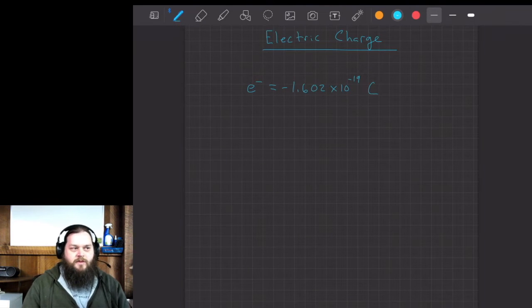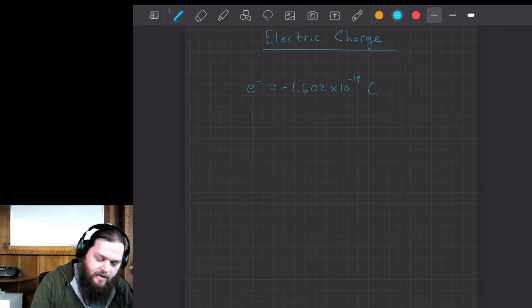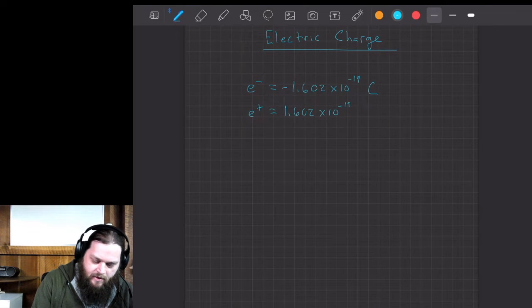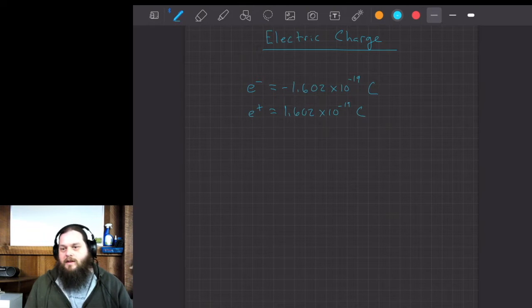Coulombs is really just the way we measure charge, and all charges in nature are basically quantized based on a certain number of electrons or positrons for that matter, because there's also a positron, which is just a positive electron. It has the same charge, 1.602 times 10 to the negative 19 coulombs, just positive.